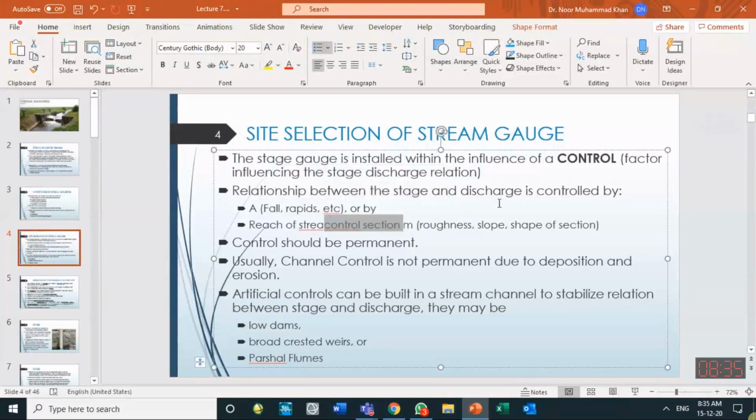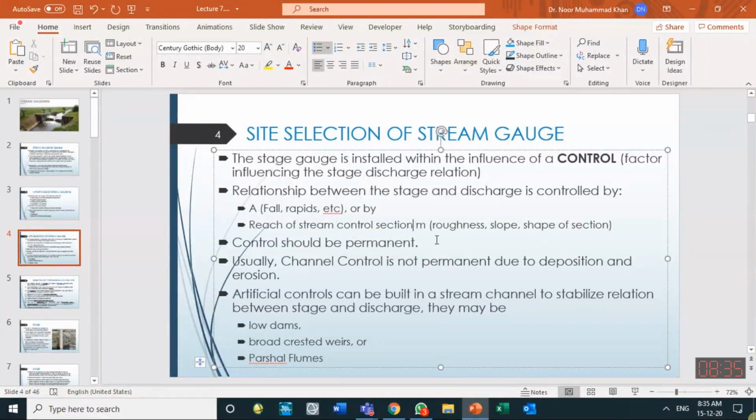So the relationship between stage and discharge is controlled either by a cross section, which can be a fall structure or an obstruction like a weir, or the other possibility is that the depth and discharge relationship is controlled by the stream itself.